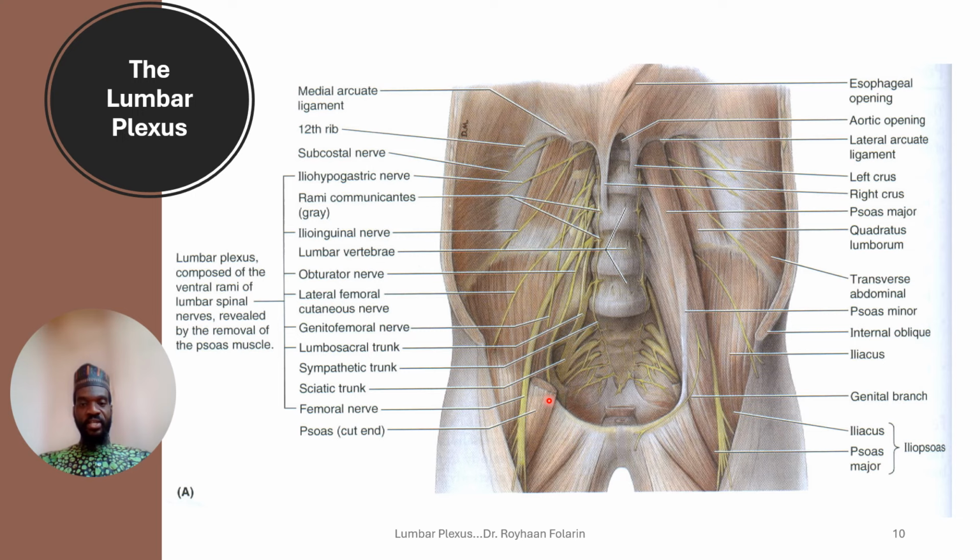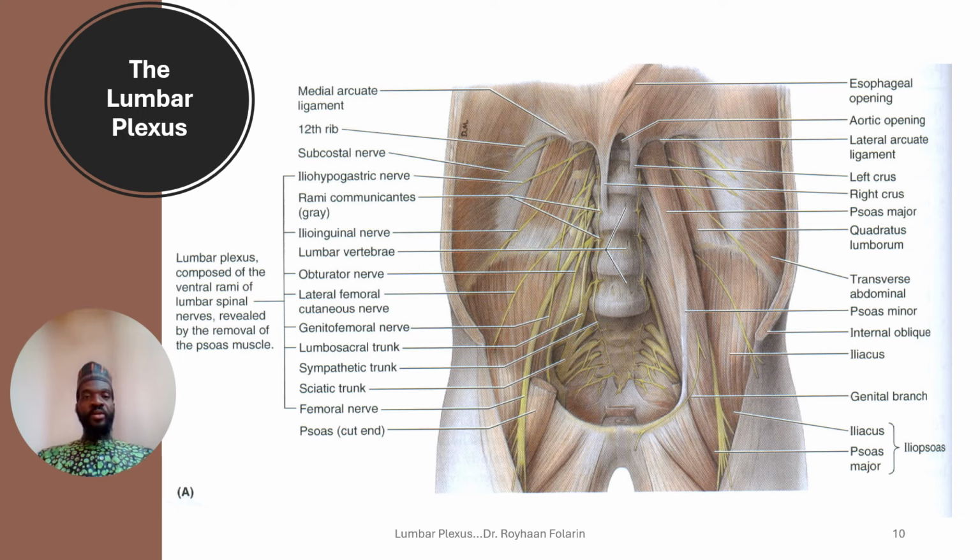So here is a cut end of the psoas muscle. So on this other side, you appreciate, we mentioned the aortic opening already, and the crus. So this is the left crus of the diaphragm, and the right crus is over here. Yeah, we've seen the psoas muscle. Here is the genital branch of the genitofemoral nerve.